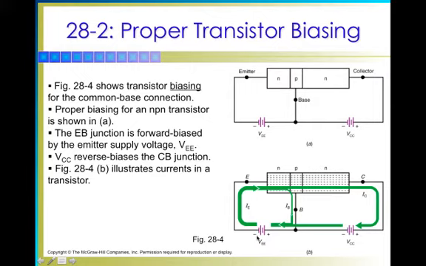On the battery down here, or the DC charge, you have a negative. Negative is flowing around to the positive. So even though this side of the transistor is reverse biased, the electrons are actually attracted to this side of the battery. Does everyone see that?